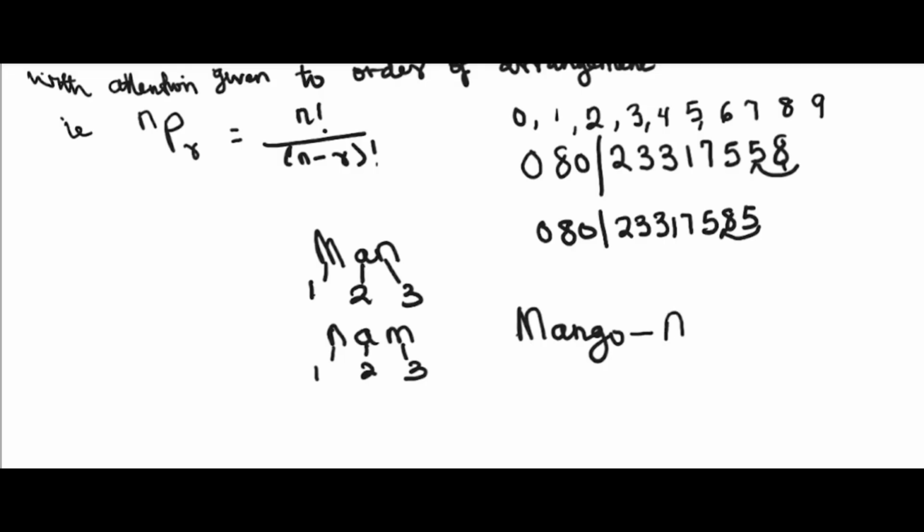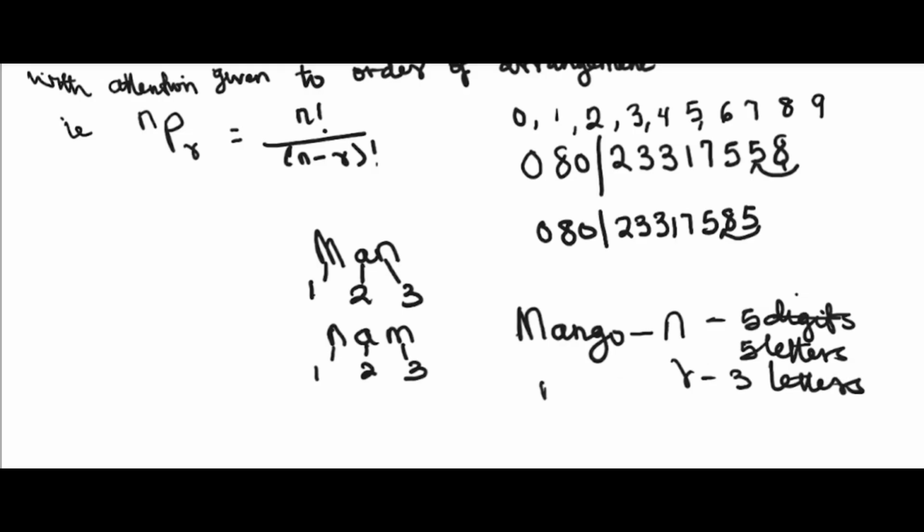This is my N. Now I want to form 3 letters from the word mango. That 3 letters is my R. Do you get it now?